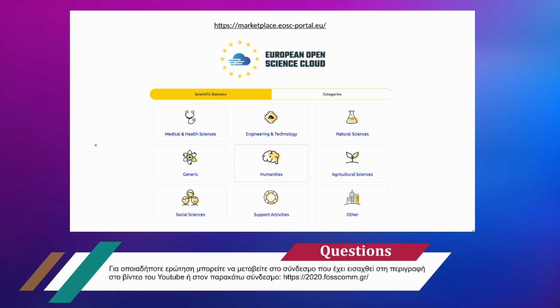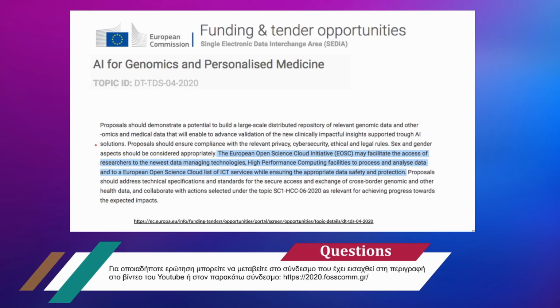But why do we have to be FAIR compliant, or why do we have to be included in EOSC? So this is from a proposal of the European Union, AI for Genomics and Personalized Medicine, and I've highlighted some text which says that the European Open Science Cloud Initiative, the EOSC, may facilitate researchers to the newest data managing technology, etc. So this EOSC and this FAIR is becoming very serious, and it's starting to become a prerequisite for researchers in Europe.